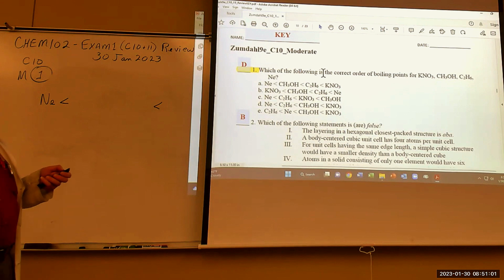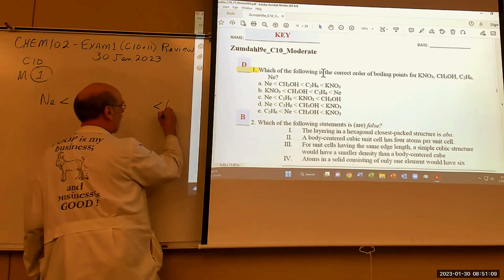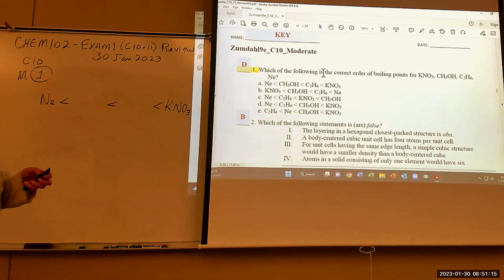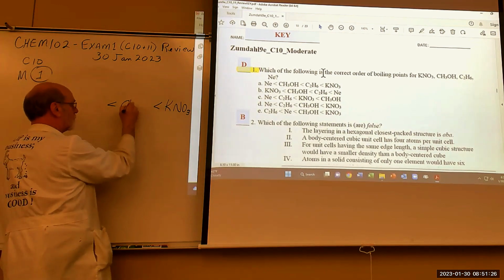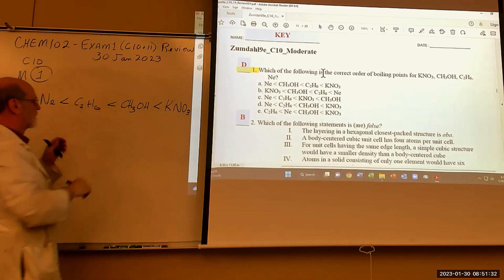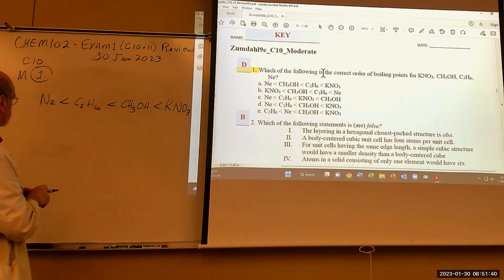Well, let's look at the possibilities. You've got hydrogen bonding here. Oh, you got an ionic compound there. That's our best candidate for the highest, the ionic compound. Right. So now we just need to say, all right, we've got methanol left over and ethane. So methanol has hydrogen bonding available. So it ought to be here. And that leaves ethane here. Okay. That's D.